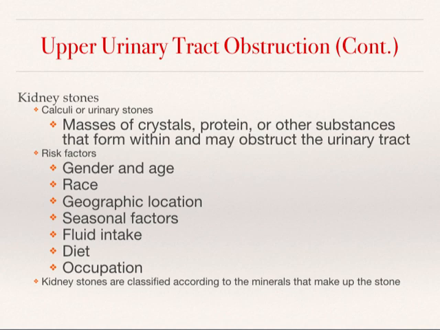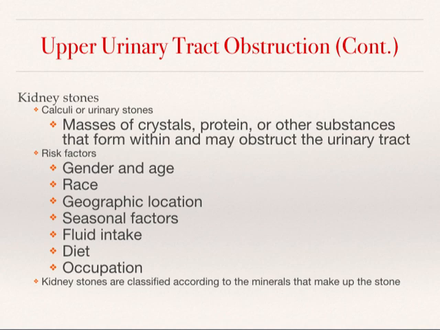Diet's a big one too. Even when you think about gout or uric acid, which is an arthritis from uric acid, we basically educate our patients on the dietary factors. With uric acid stones, things like red meats that are high in purines, or a high purine diet, can contribute to uric acid stones.